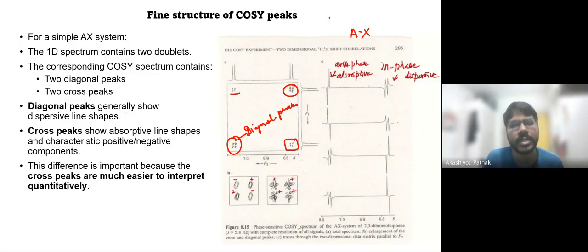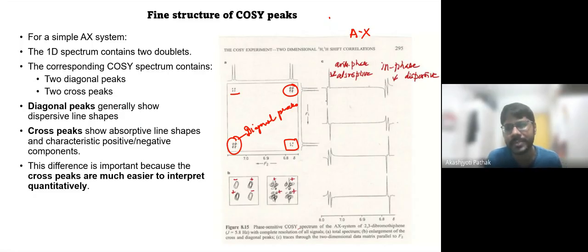To do the quantum mechanical calculations, you can derive the cosine terms, sine terms, and why these are absorptive or dispersive. But when you zoom into this fine structure, what is observed is that the diagonal peaks show a dispersive line shape.